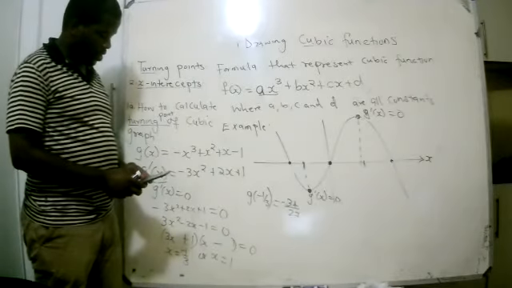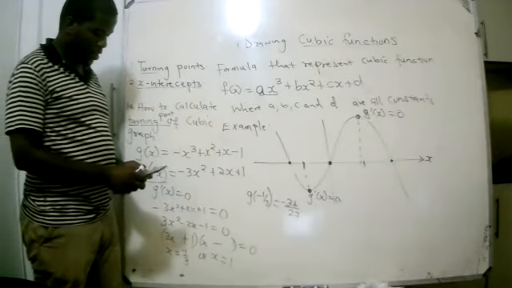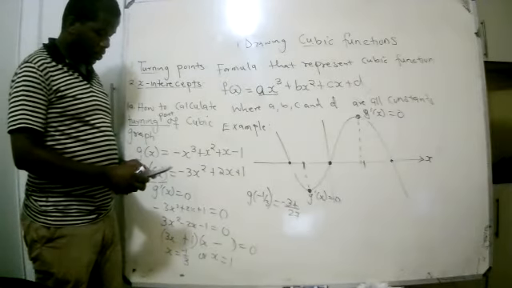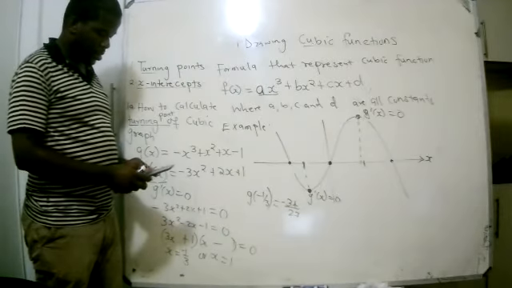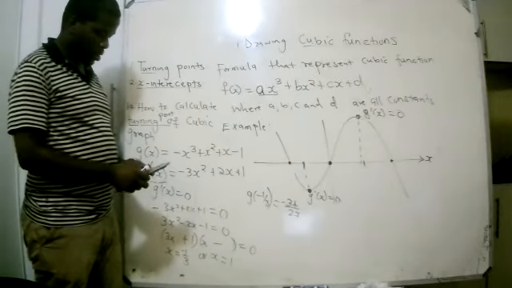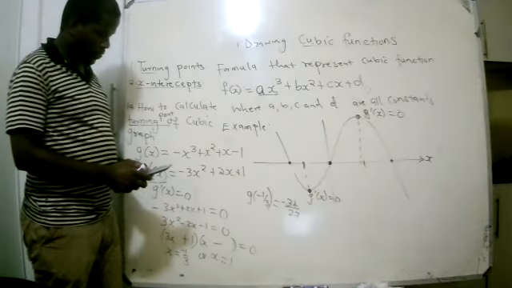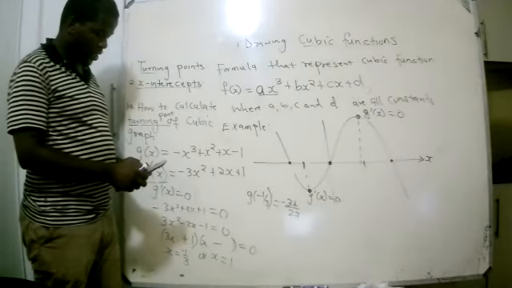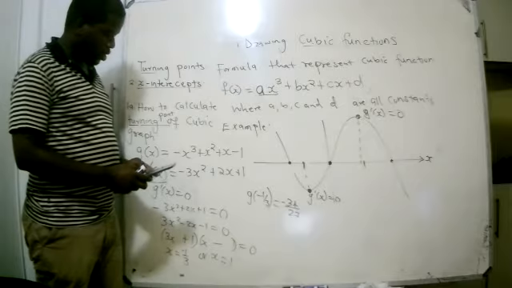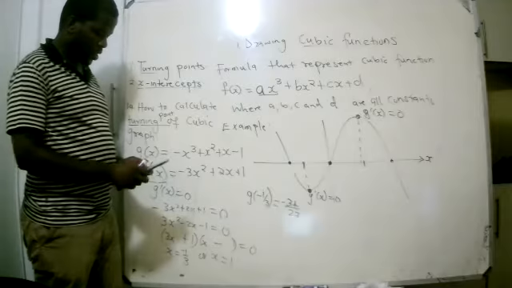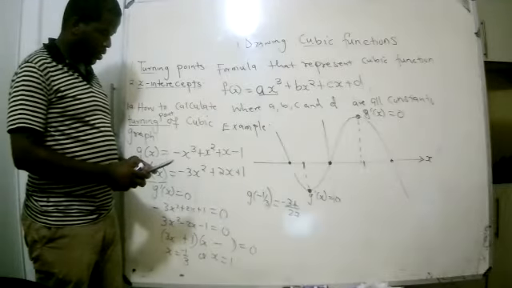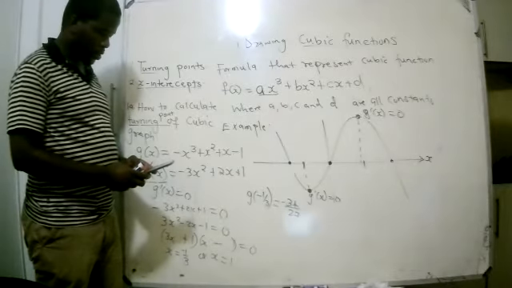So we're going to have negative 1/3 to the power 3 plus negative 1/3 squared plus negative 1/3 minus 1.